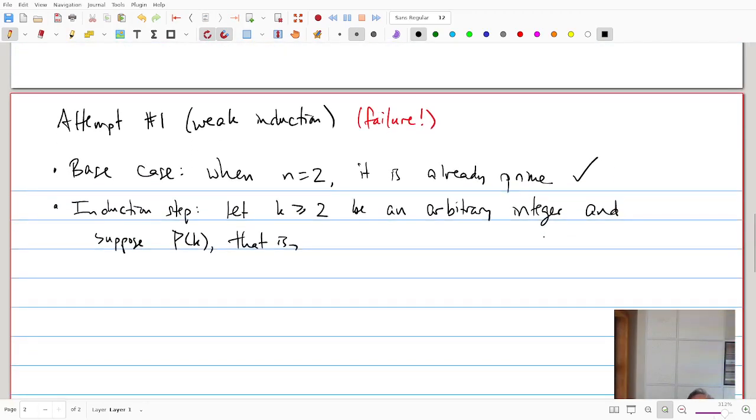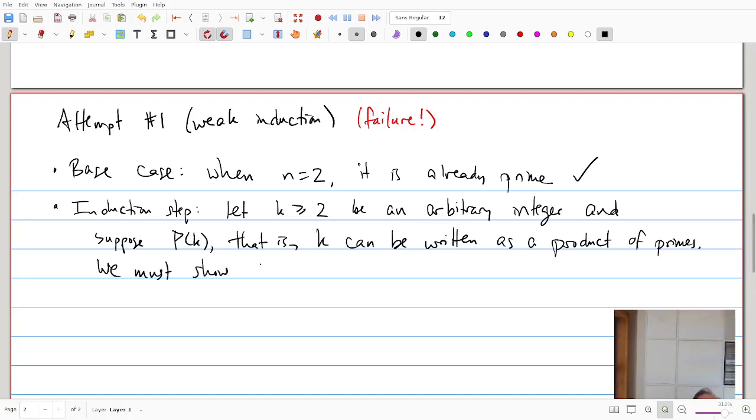So we're going to suppose that k can be written as a product of primes. And then we have to show P of k plus 1. Right, so we must show P of k plus 1. That is, k plus 1 can be written as a product of primes.